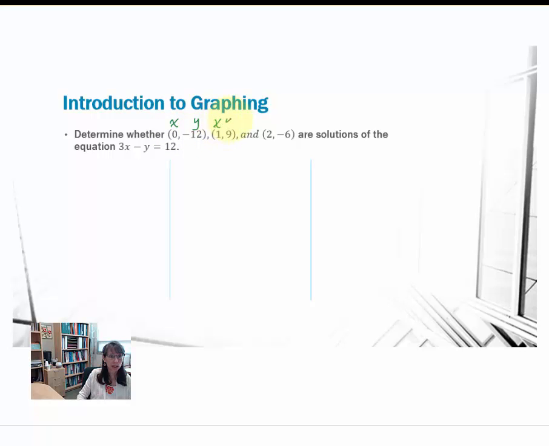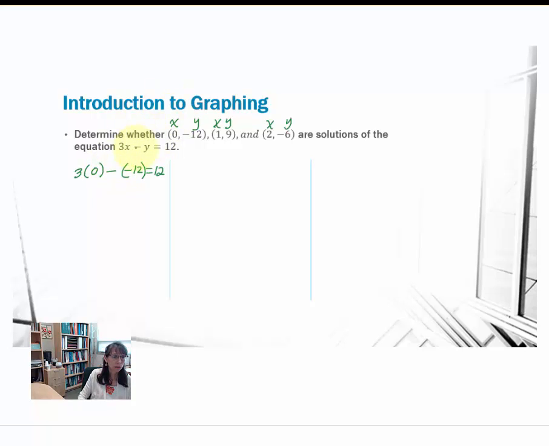So what we actually have is 3 separate ordered pairs, and all we have to do is substitute these X and Y values into the given equation and see if they work. So in the first case, we'll have 3 times X value of 0 minus Y value of -12. And we want to determine if that really equals 12 or not.